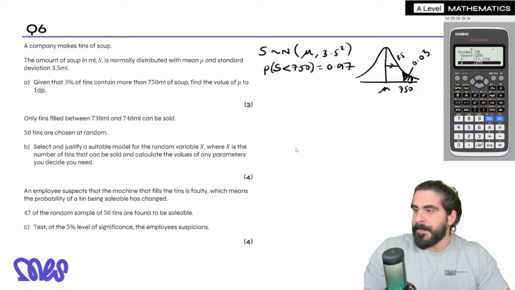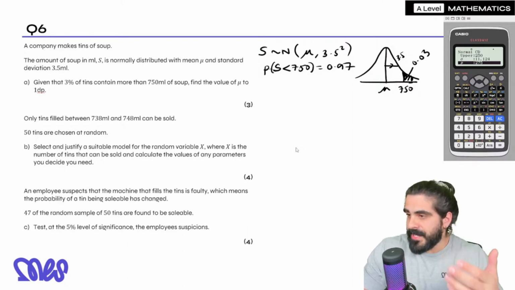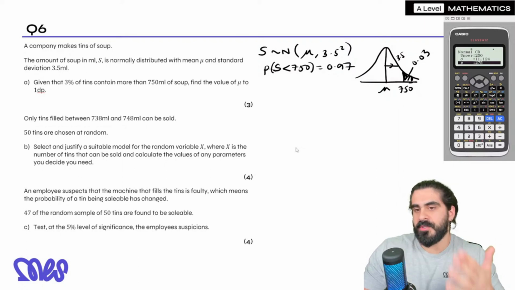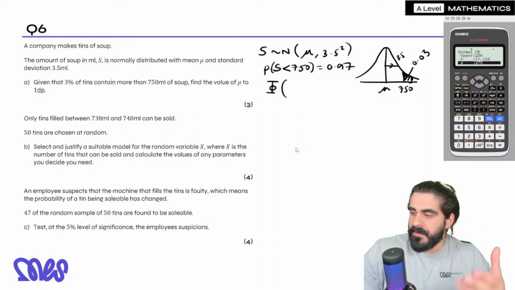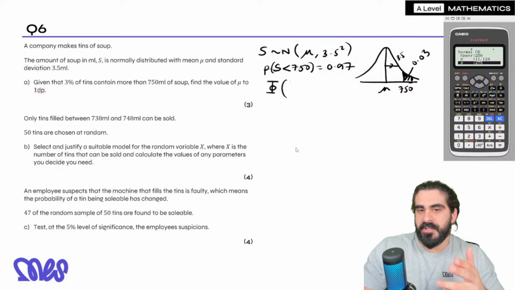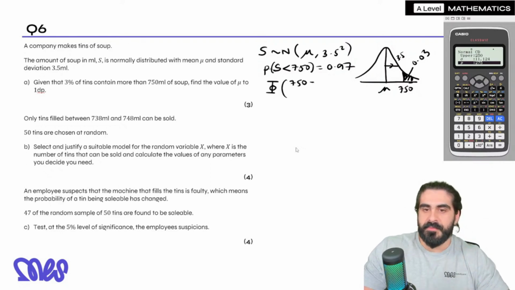Now, one thing that you should be familiar with is that when we convert to Z to introduce mu into this, because we don't know what mu is, the cumulative Z distribution has a symbol known as phi. So you write phi and then you convert. You take your number, subtract the mean, divided by the standard deviation.